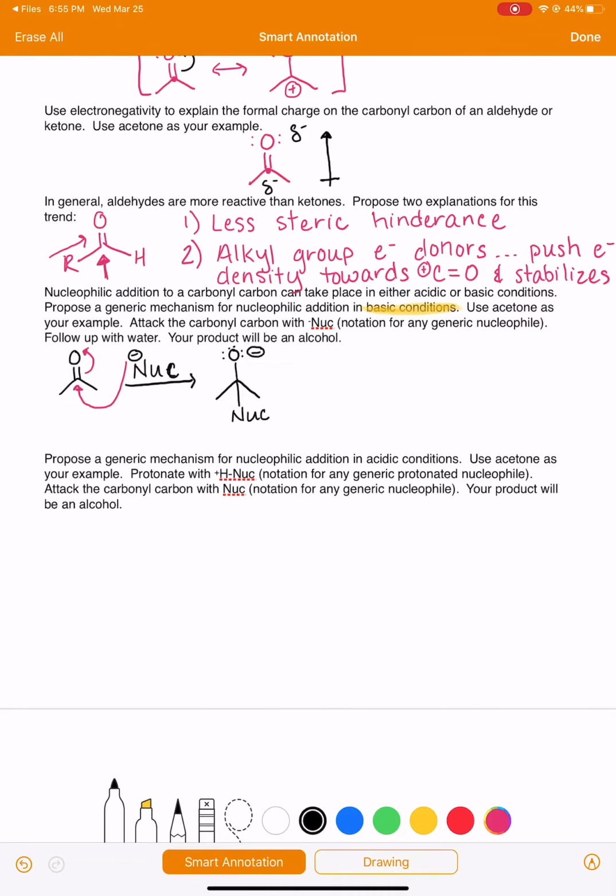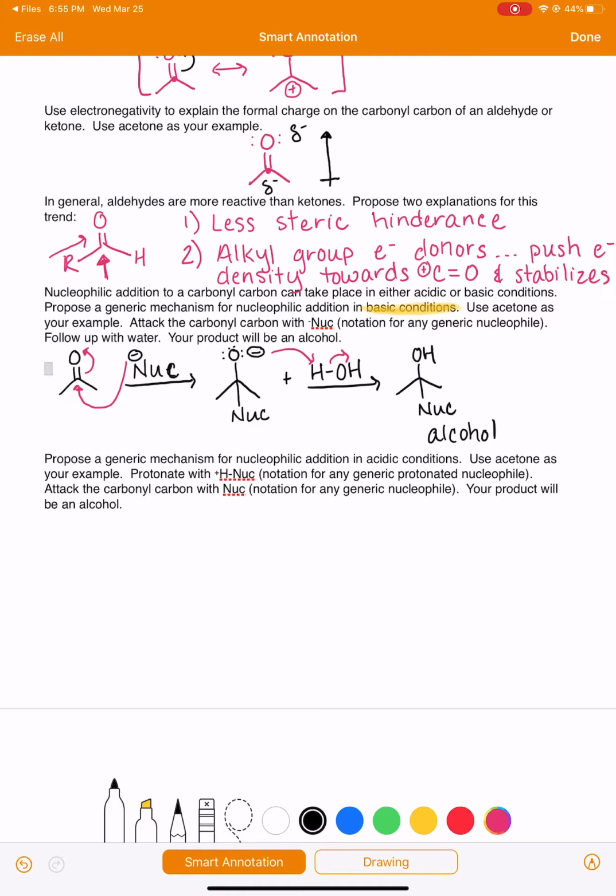So there we go. In this reaction, we're going to follow up with water because we have that O- that needs to be fixed. It's not always going to be water, but something with a proton on it that we can use to protonate that O-. And we've made an alcohol.